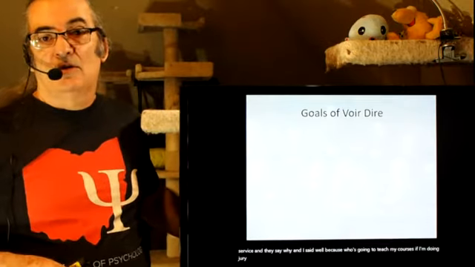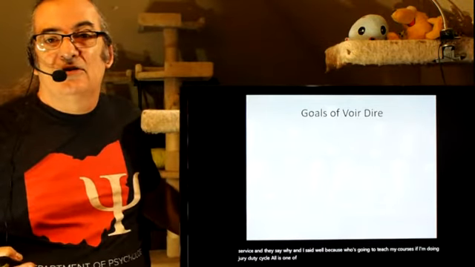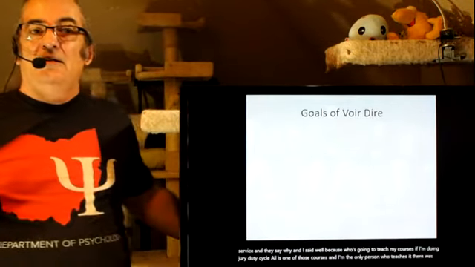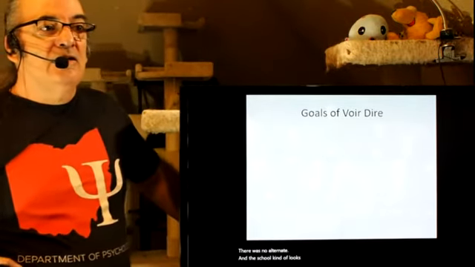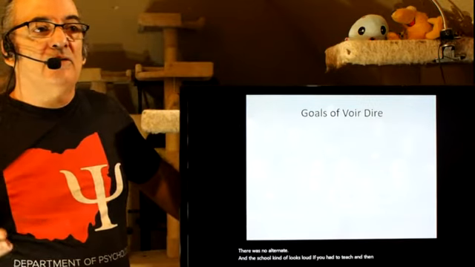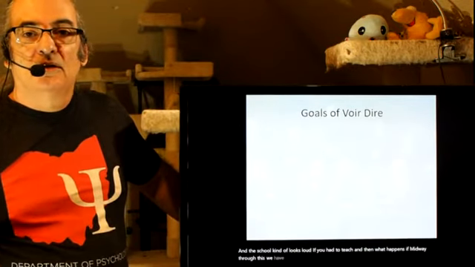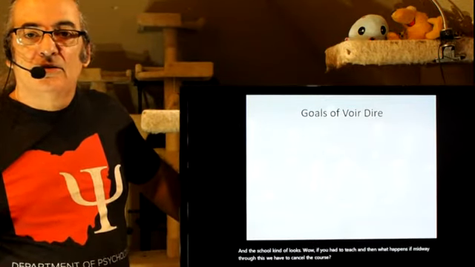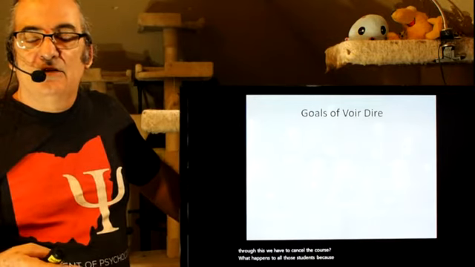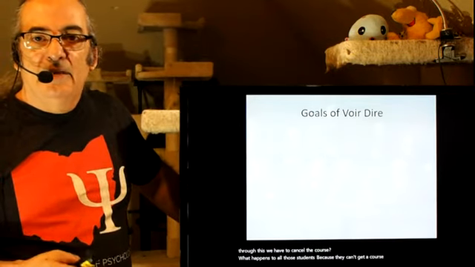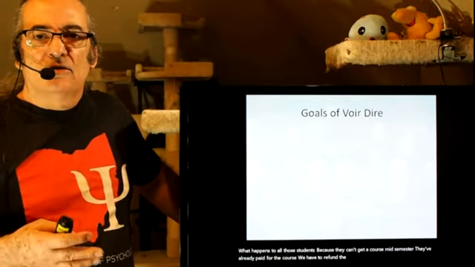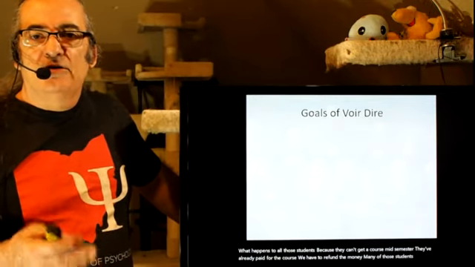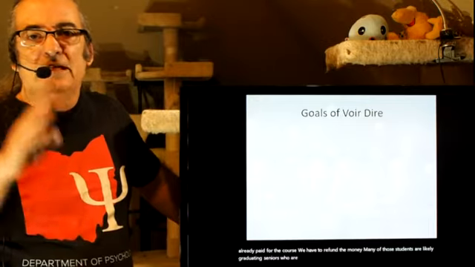Psych and law was one of those courses, and I'm the only person who teaches it. There was no alternate. And the school kind of looks, wow, if you had to teach, and then what happens if midway through this we have to cancel the course? What happens to all those students? Because they can't get a course mid-semester. They've already paid for the course. We have to refund the money. Many of those students are likely graduating seniors who are now going to lose it. It was just a nightmare.